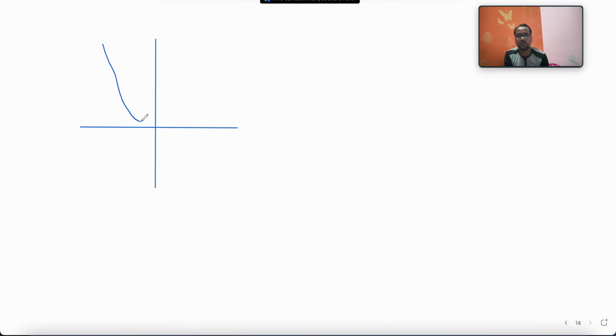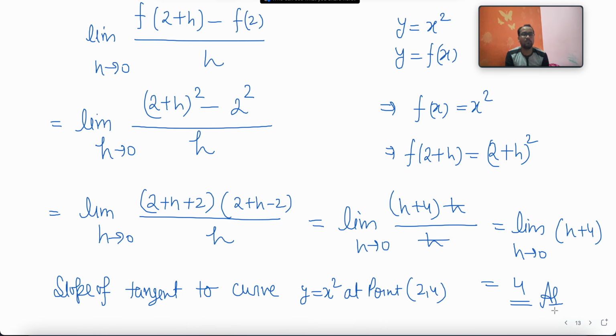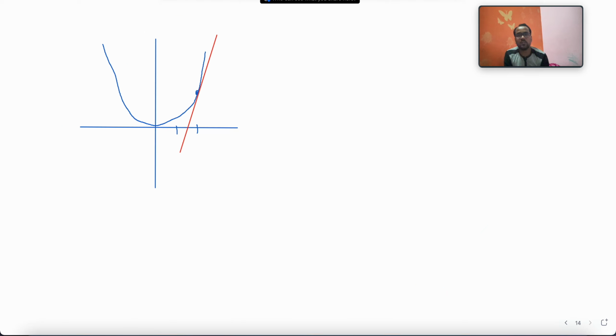In this way you can draw the y equal to x square graph, and x equal to 1 is this point. Let's say x equal to 2 is this point. So if you draw the tangent at the x equal to 2 point, the slope of this tangent will be 4. So I hope you people are understanding the graphical meaning of the derivative of f of x at x equal to some point.